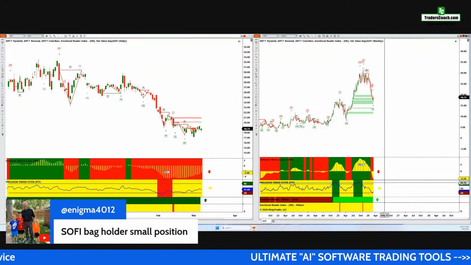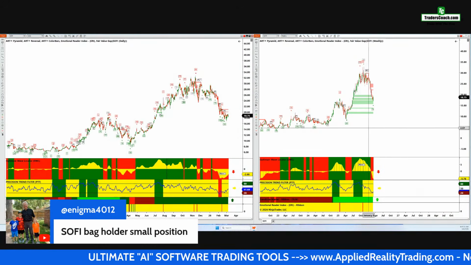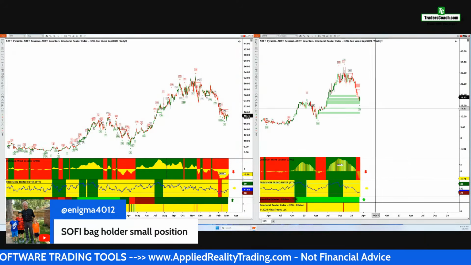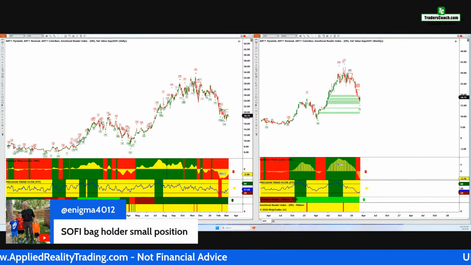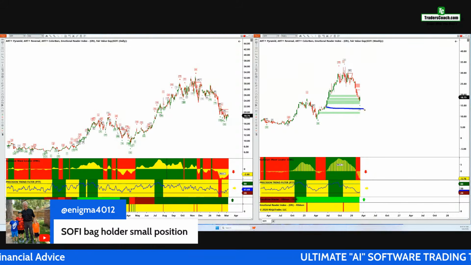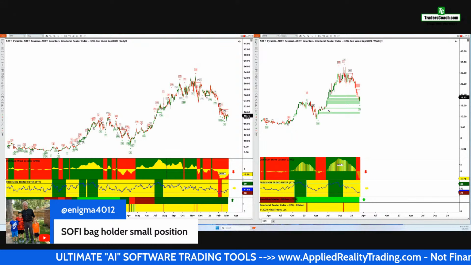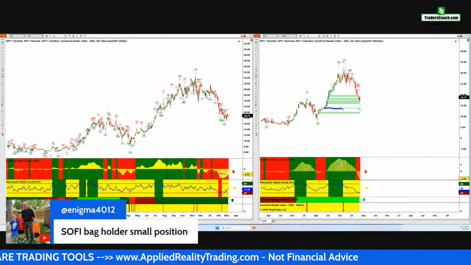So we've got an owl that's starting to come up. Oh boy. So if we don't get a turnaround by the end, I think my line in the sand would have to be right here, right below the first bar of this fair value gap. So maybe down in this area here.